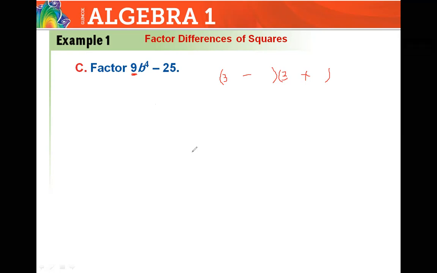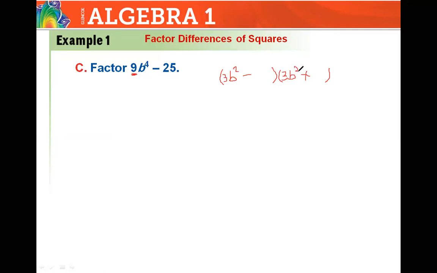I write here 3 and here 3. B power 4, so I write here b power what and here b power what? It will be b power 2. Okay, b power 2 here and here b power 2.